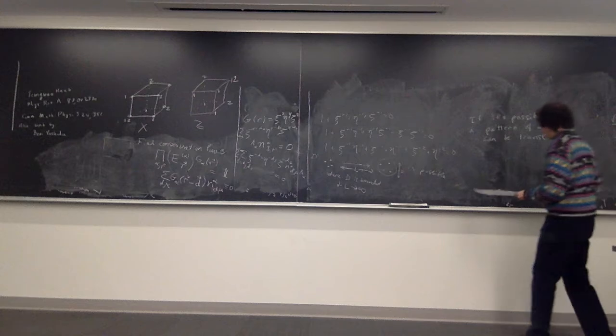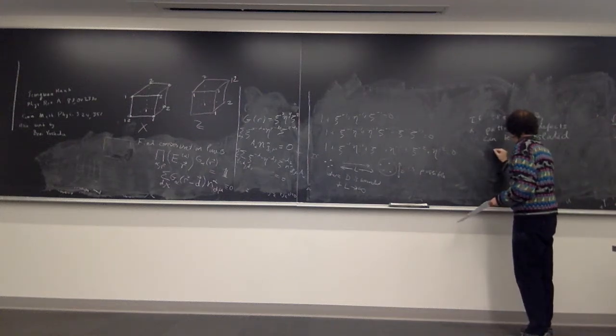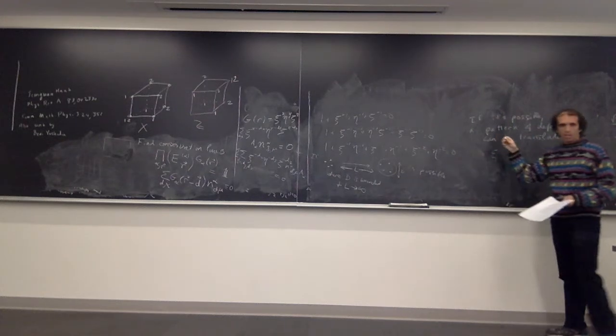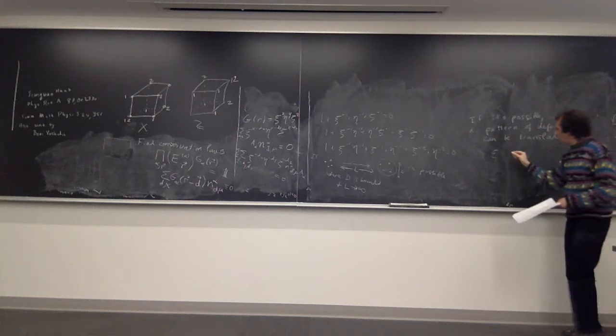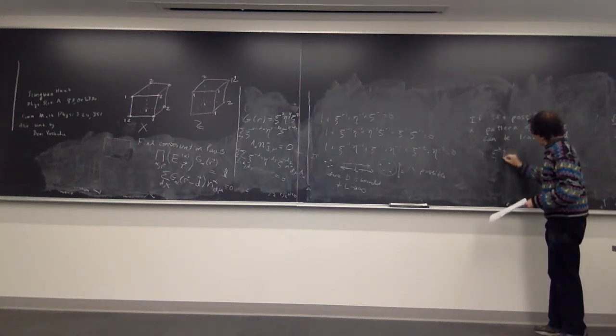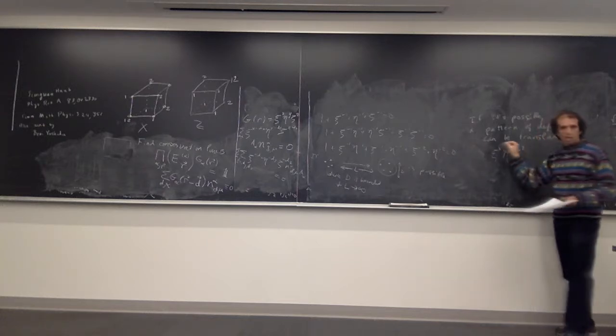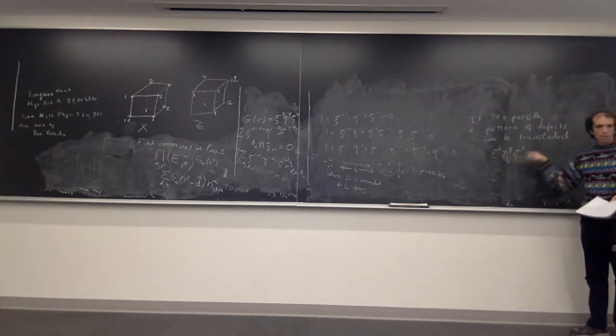So that tells me that if I write it as additive instead of multiplicative, I have a weight. If I have a defect at position x, y, and z, it has a weight like this. Then this condition over here says if I sum over all positions of defects, I should get 0.